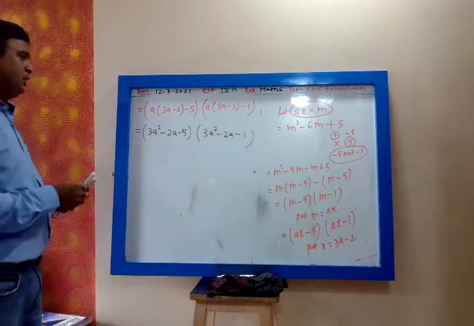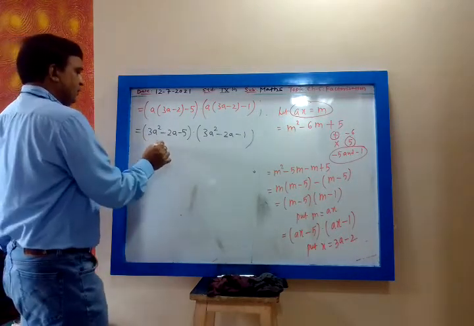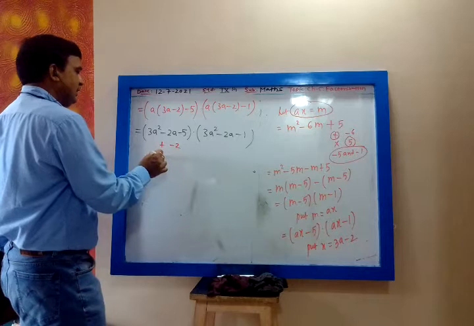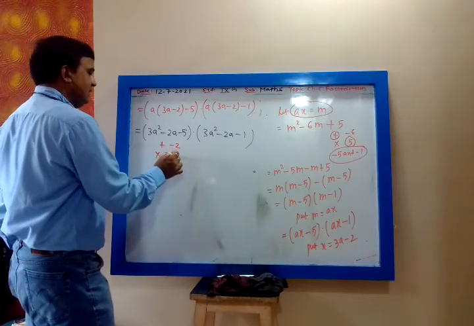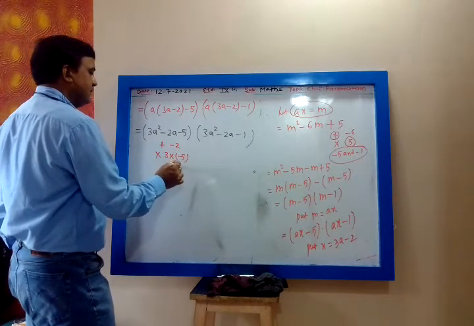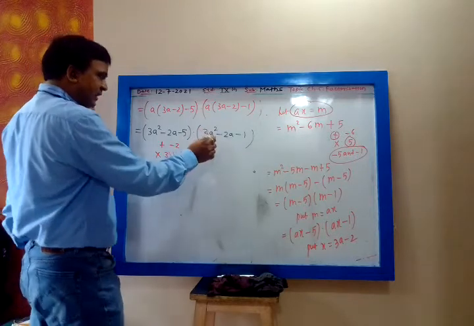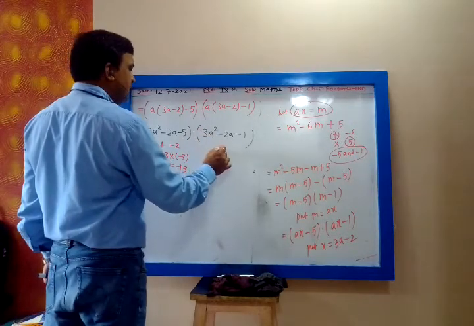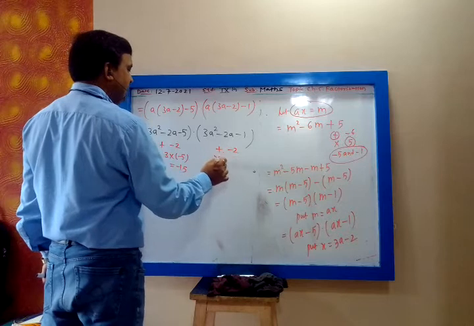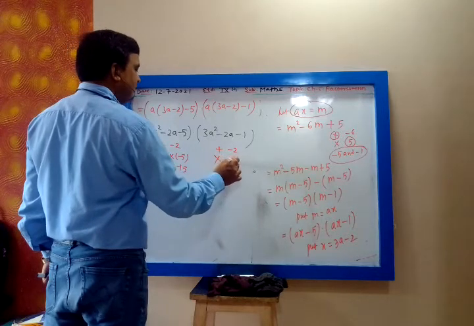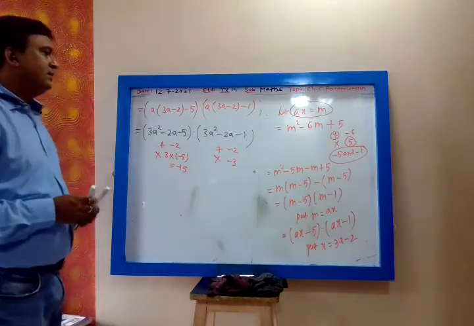Now you have to find two numbers separately. In the first, the sum is minus 2 and the multiplication is 3 into minus 5, that is minus 15. In the second, the sum is minus 2 and the multiplication is 3 into minus 1, that is minus 3.